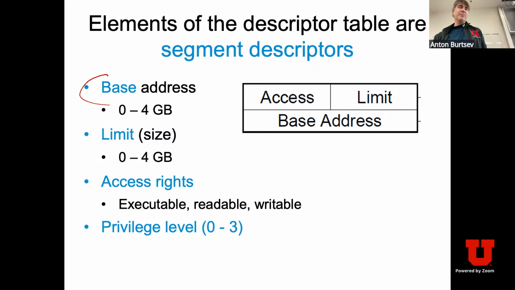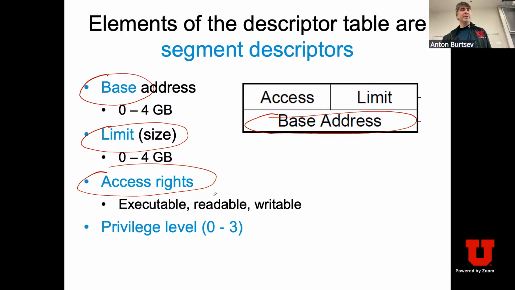I keep mentioning the base, which is the base of the segment, and the limit, actually the size of the segment. Intel calls it a limit; there is some historical reason why. Then access rights: the segment can be executable, readable, or even writable, and you can control those to protect the code, for example, from being overwritten.